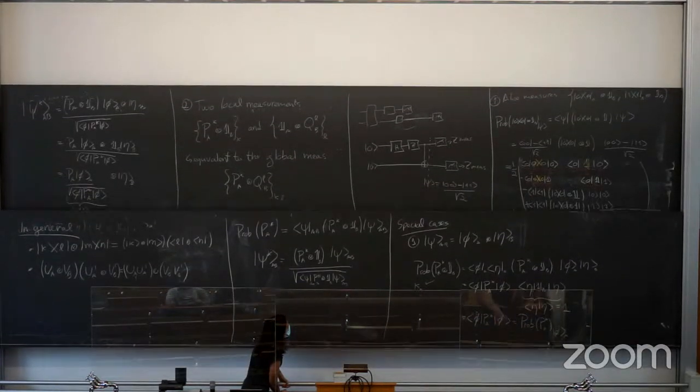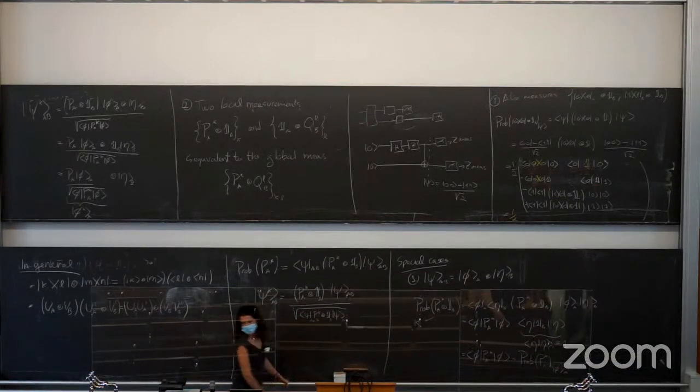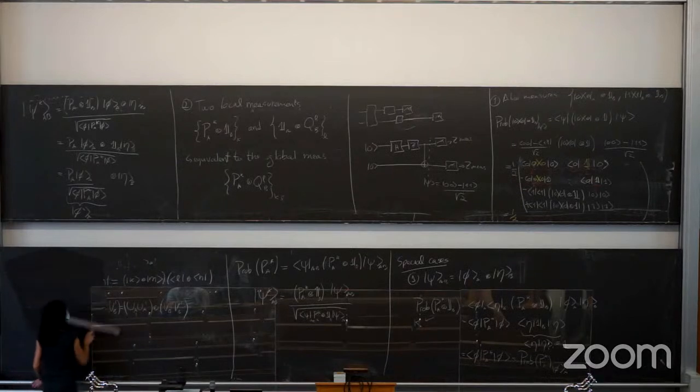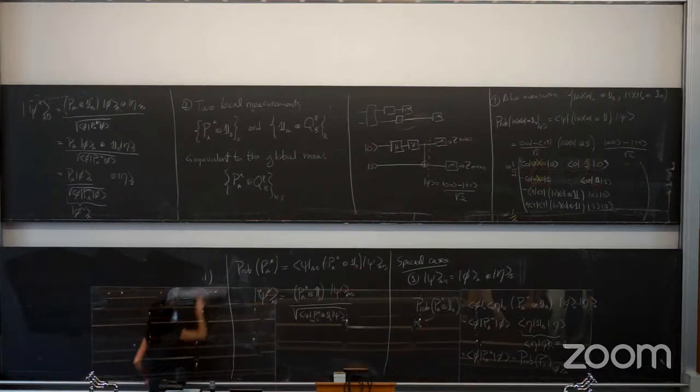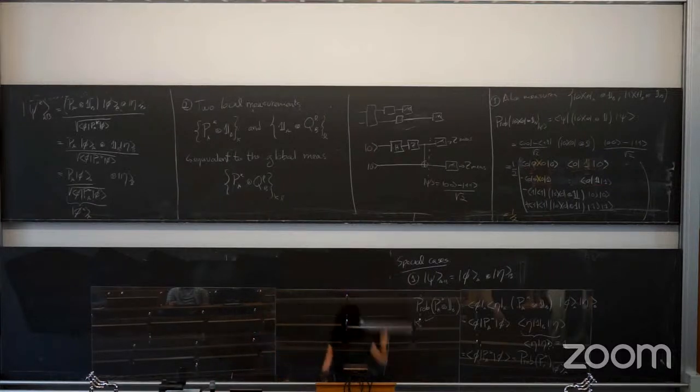And now we do the post-measurement state, and this is where the fun starts because this is where, if you're philosophically inclined, you'll start asking, wait a moment, what is happening?